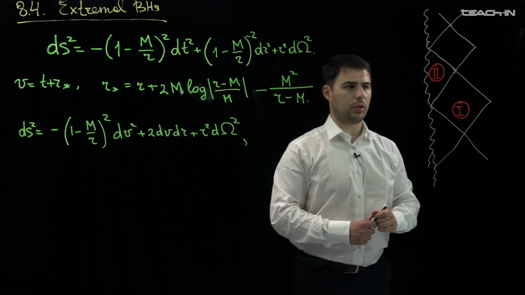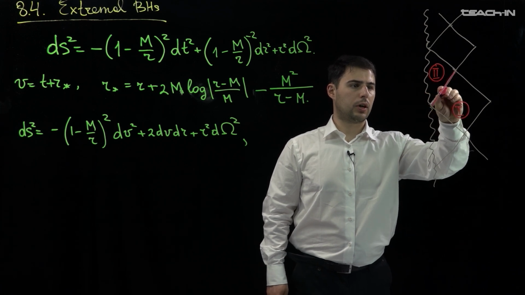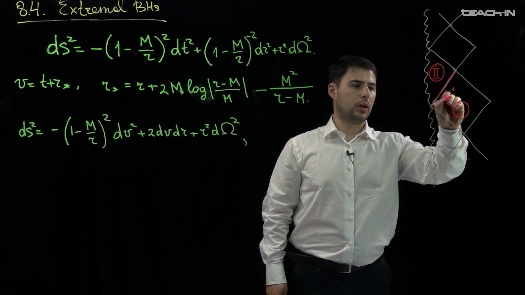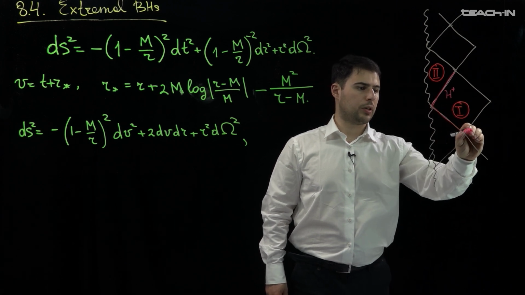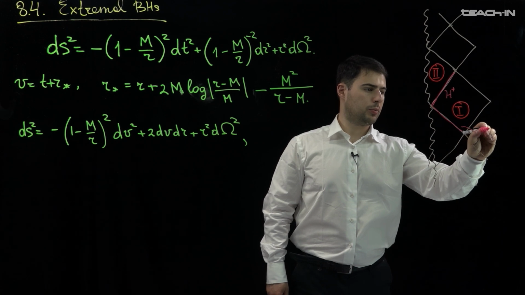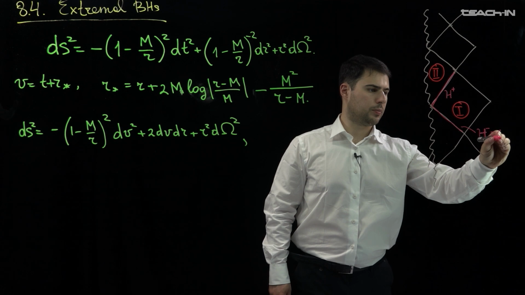By the arguments above, the event horizon H plus, as well as the past event horizon H minus, are the future and the past Cauchy horizons as well.